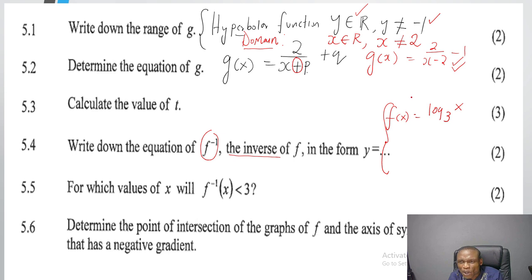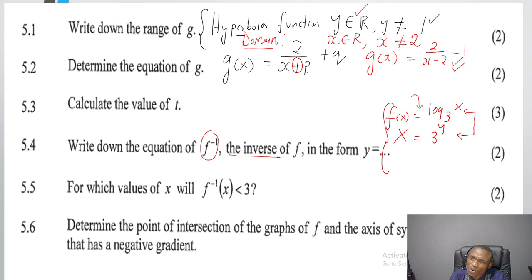Before you find the inverse of this function, write it in the exponential form, because this is in a log. Just change it to the exponential form. When there is y, you put x. x equals 3 to the exponent 1. So this one and this one are the same thing.